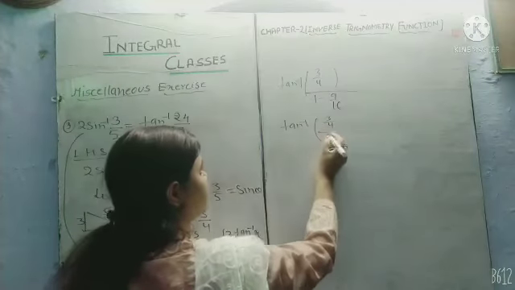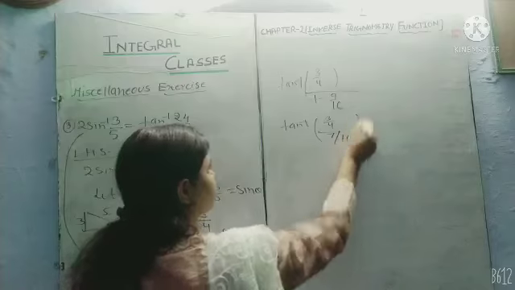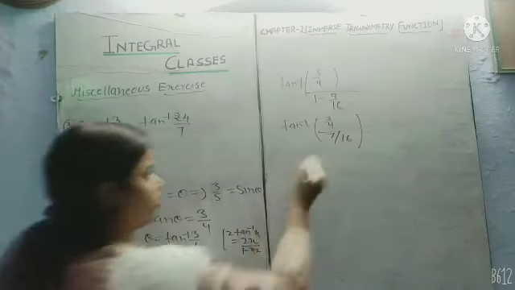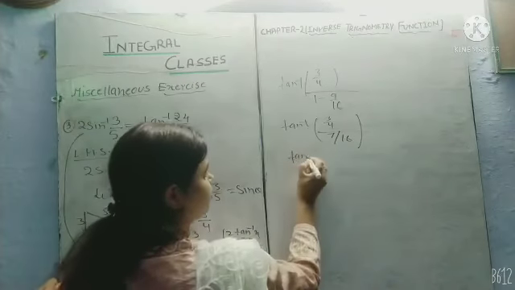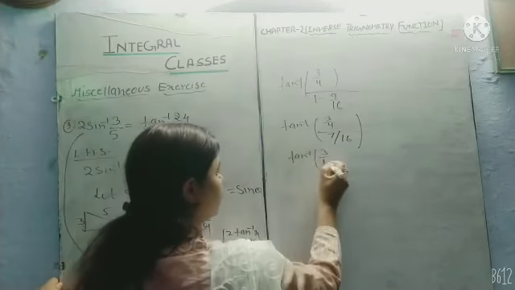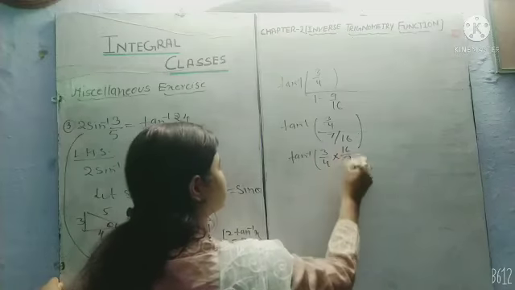16 minus 9 is 7 upon 16. So now it becomes tan inverse of 3 by 2 times 16 upon 7.